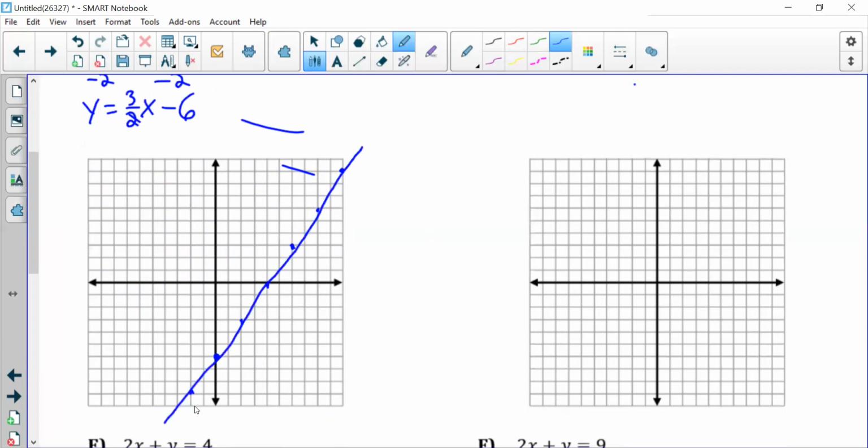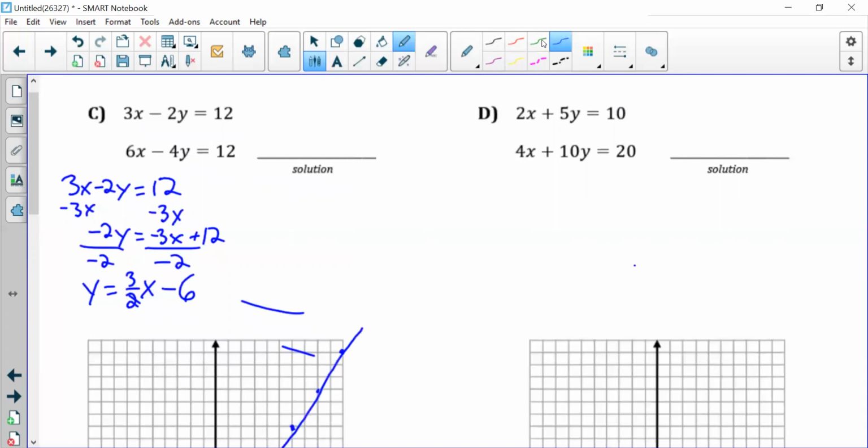All right, let's go back up here. Let's grab my green pen and let's do the other one into slope-intercept form. So 6x minus 4y equals 12. Subtract 6x from both sides. So negative 4y equals negative 6x plus 12.